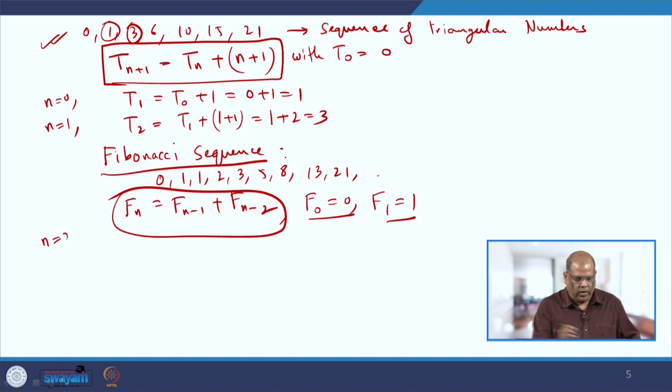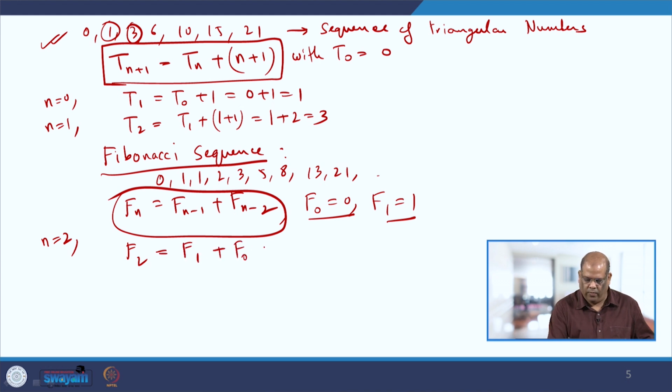I will start with n equal to 2, and if you put the value here, it is F2 equal to F1 plus F0. F1 is 1, F0 is 0, and the answer is 1, which matches with this because these two values are already given.